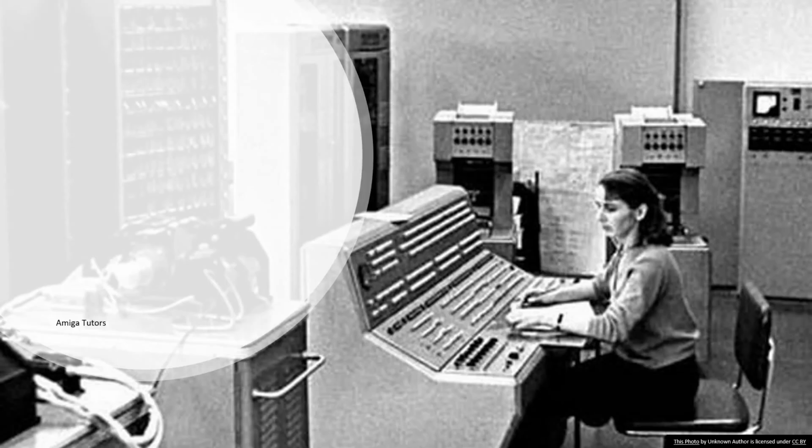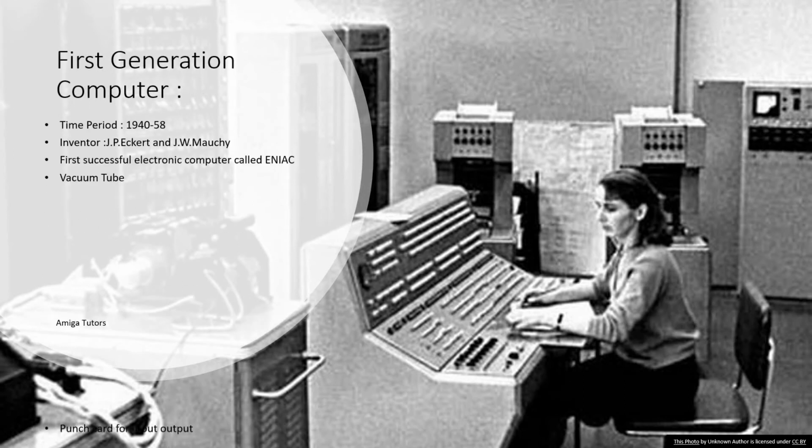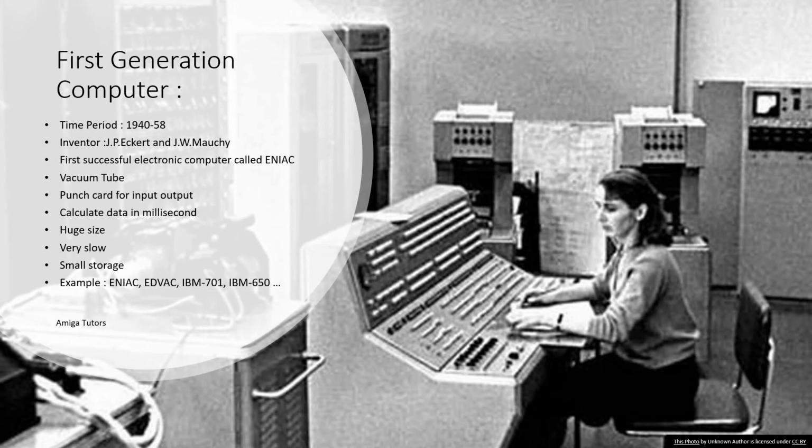Here it comes, the first generation of computers. Its time period was 1940 to 1958. The first generation of computers was invented by J.P. Eckert and J.W. Mauchly. The first successful electronic computer was called ENIAC.